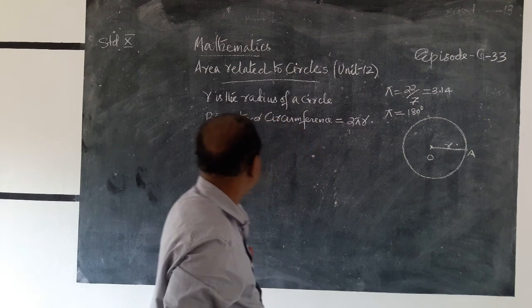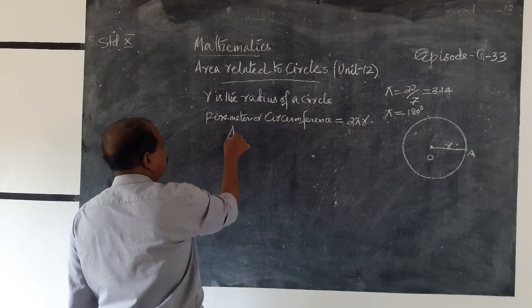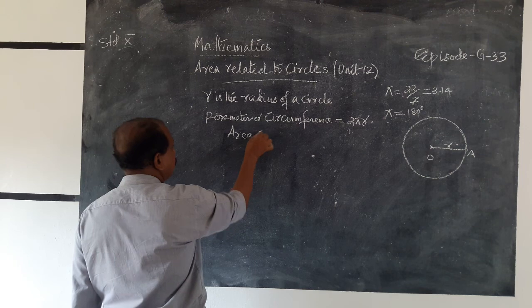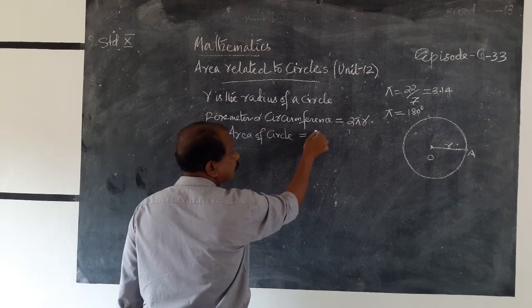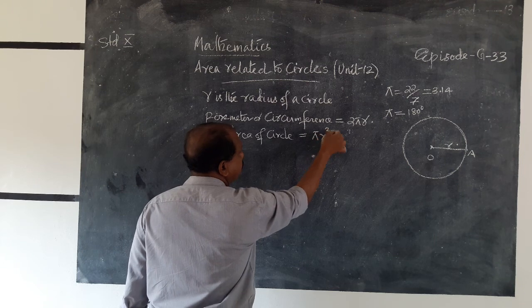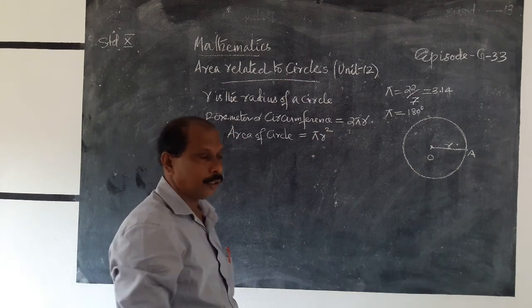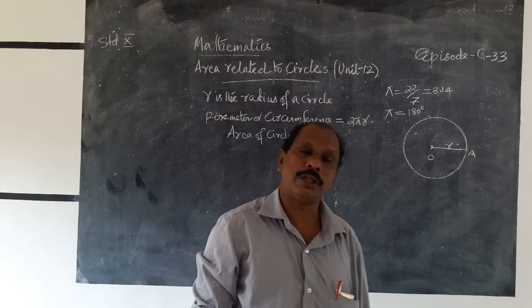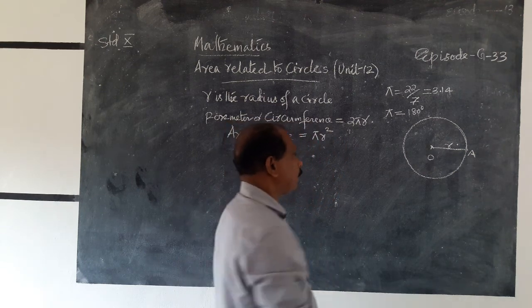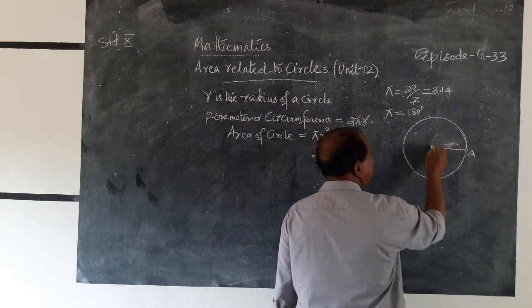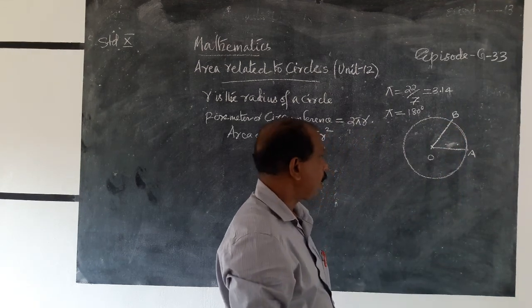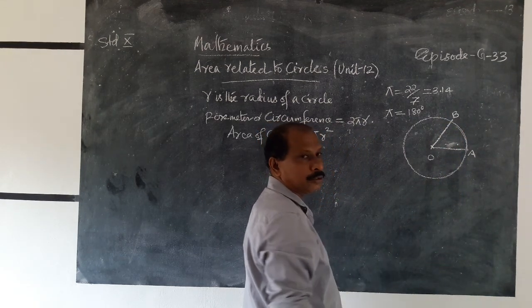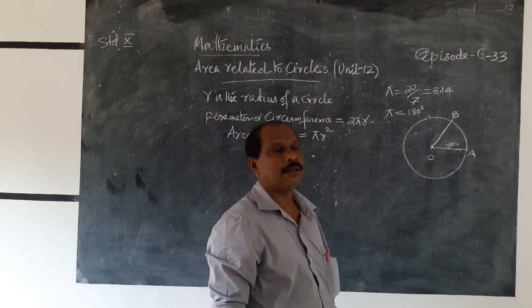Then the area of the circle is pi r square, the area of a circle with radius r. We know the result. Then listen, OA and OB are the radius segments of the circle.